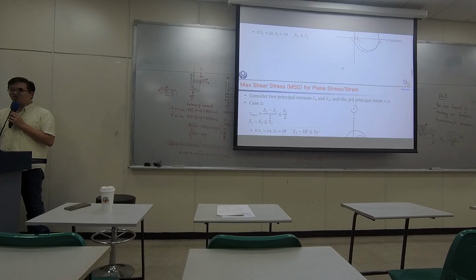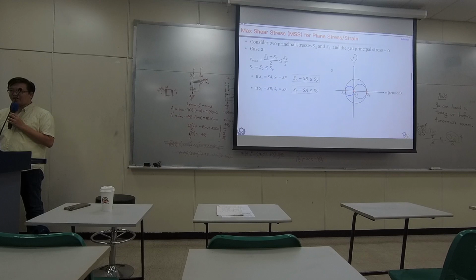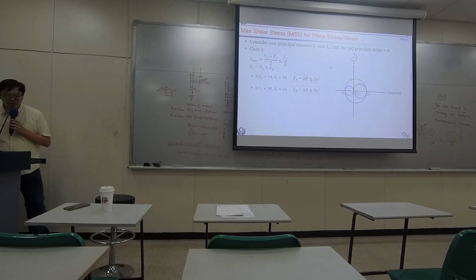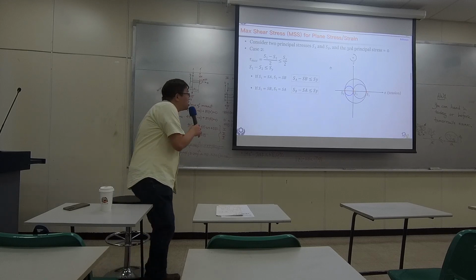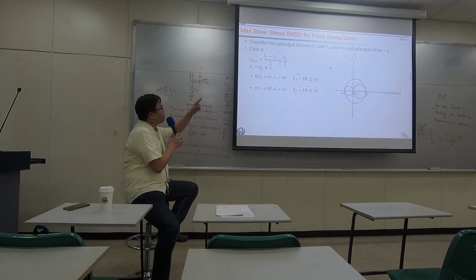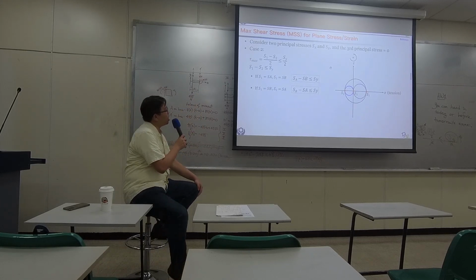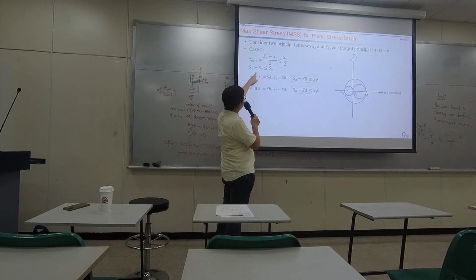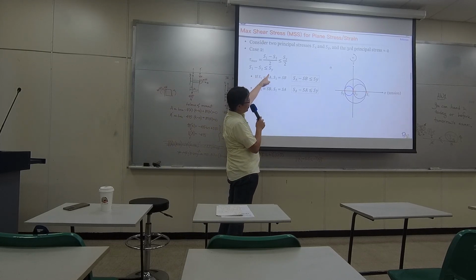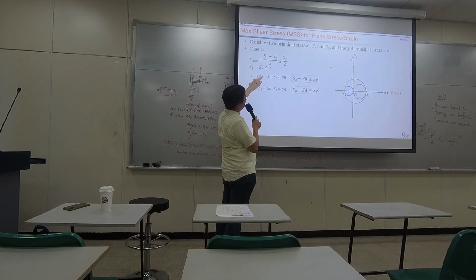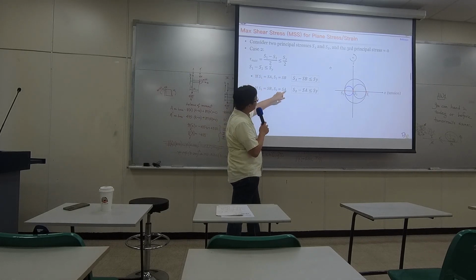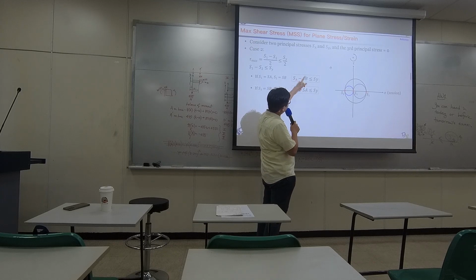So let's move on to a different situation where we see one positive S1 and negative S2. In this particular case, my general design equation becomes S1 minus S2 must be smaller than Sy. Okay? And like I said, S1 could be lying on SA or could be lying on SB. That's why these two equations could be swapping SA and SB.